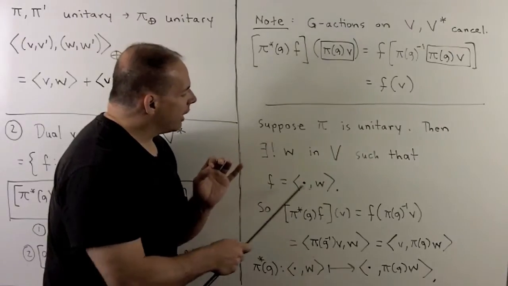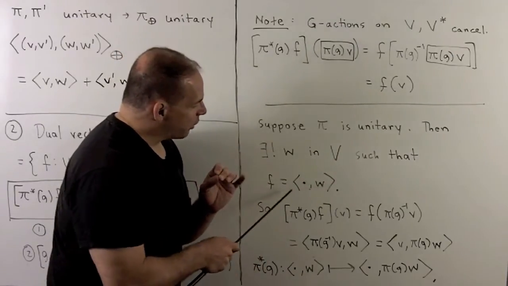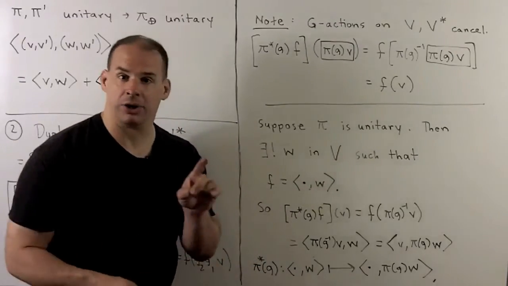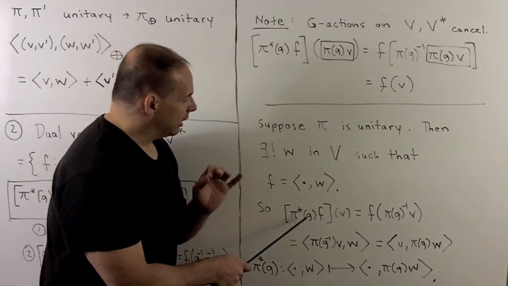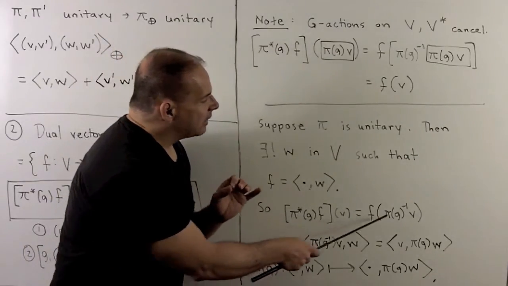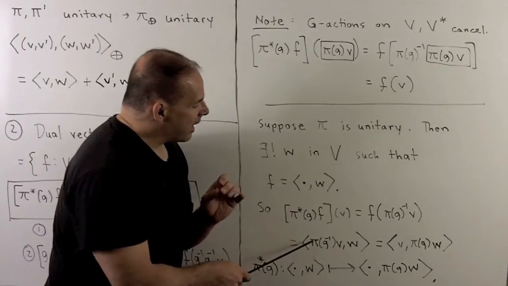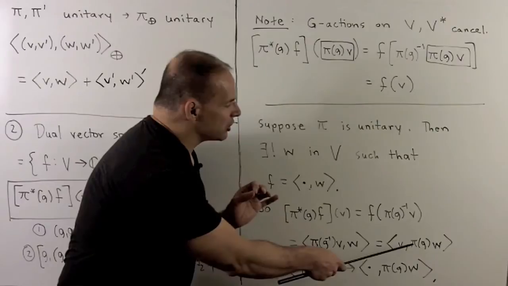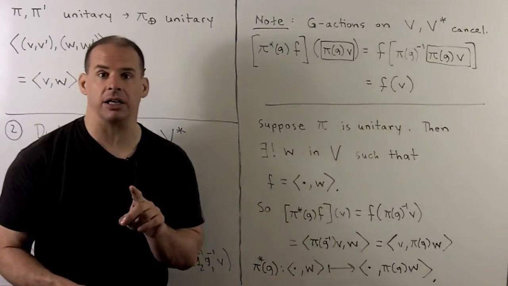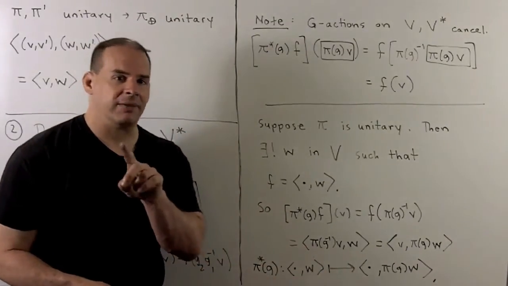Now, if we take a look at what the group action does with this representation of linear functionals, what do we get? The G passes to the inside, then we write it as an inner product expression, and then the pi G inverse can be pushed to the other side as pi G using unitarity. Now, what's the net effect here?